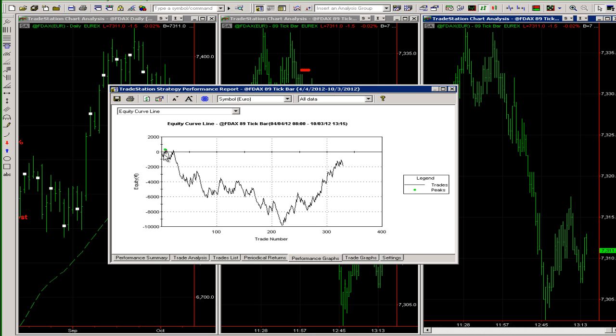Now, when we run this same system from the 10th of April all the way through to the 3rd of October, have a look what's happened. It's just been terrible. So you can see that the DAX is a market that requires you to do work on whatever system you've got, whether that system wasn't calibrated well.